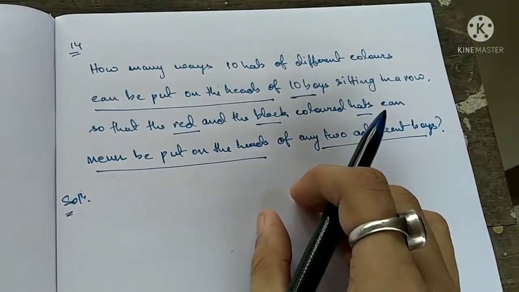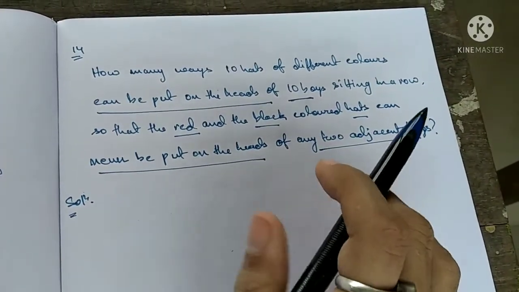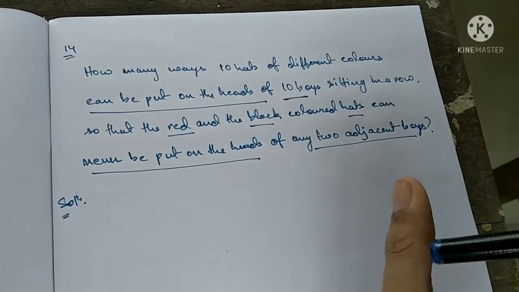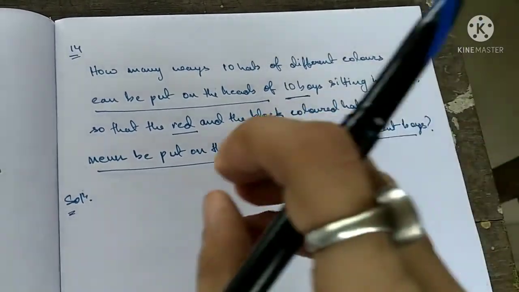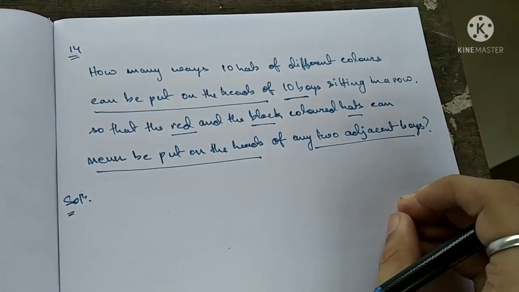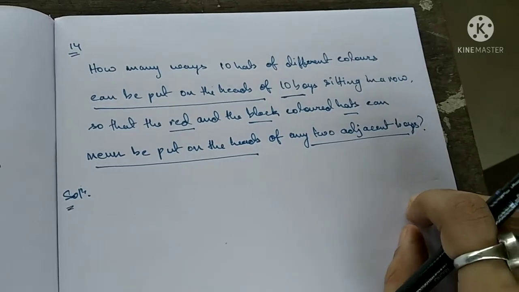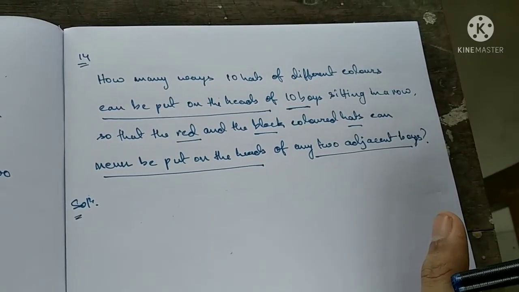Red and black cannot be adjacent to each other. That is what it is saying. Understand? 10 hats are there of different colors. They are put on the heads of 10 boys who are sitting in a row.